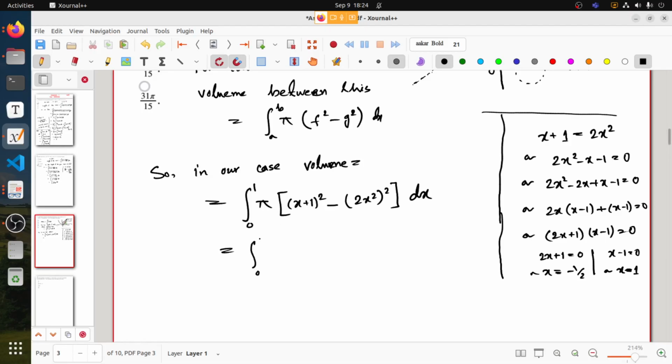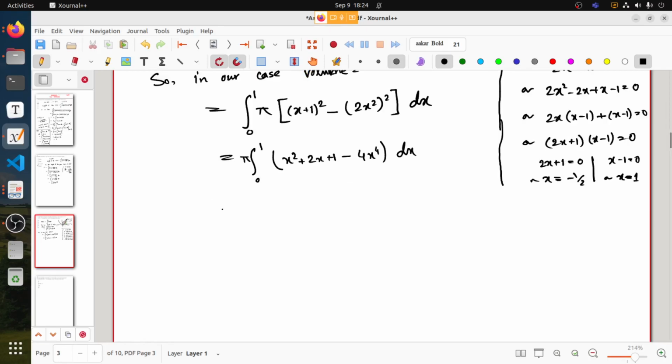So what happens then? 0 to 1 pi, how will it look? x square plus 2x plus 1 minus 4x to the power 4, right? dx. Now you can integrate this out.